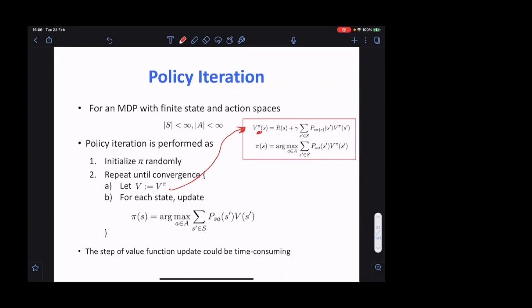Once you have the value function, you can use it to figure out the optimal strategy, and then go back and update your value function. So the crucial step is that each time you need to update your value function, and then you've done the job.